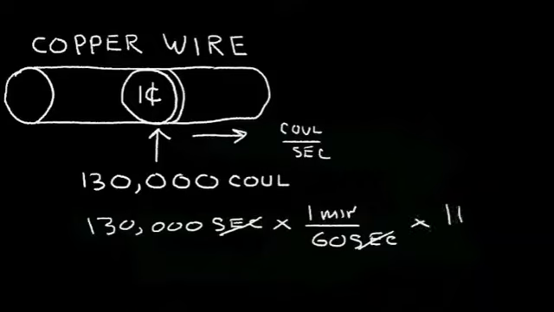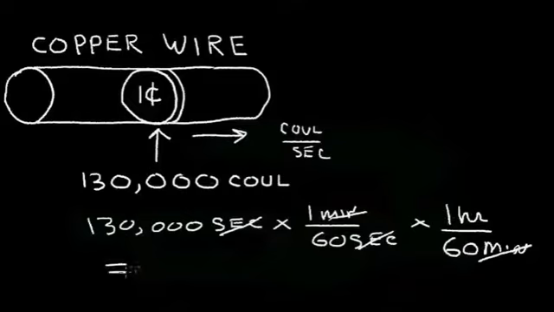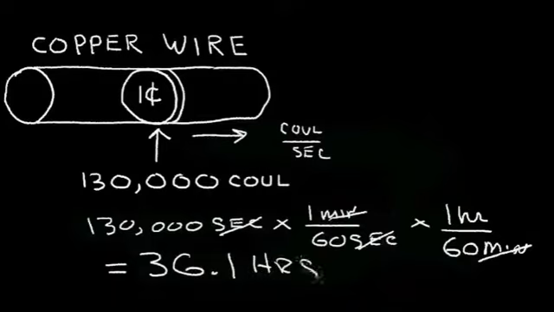Times, we know 1 hour is equal to 60 minutes. So again, our minutes will cancel here and we'll be left with hours. And when we divide by 60 twice, we'll get 36.1 hours. So the electrons are moving very slowly in this copper.